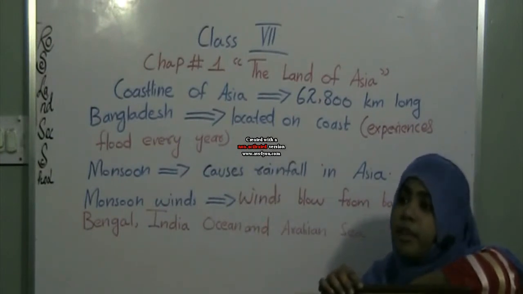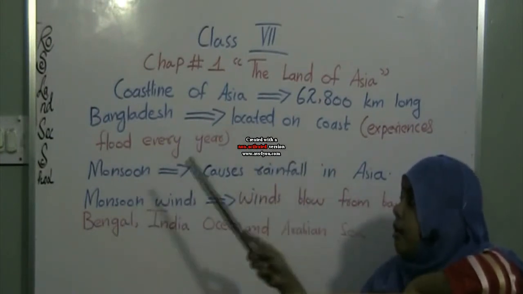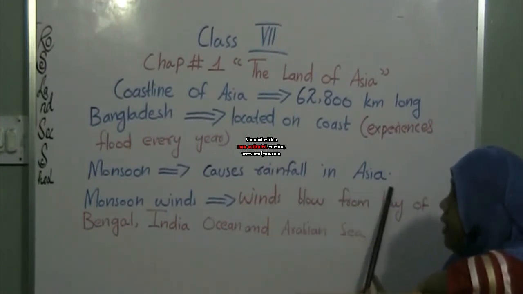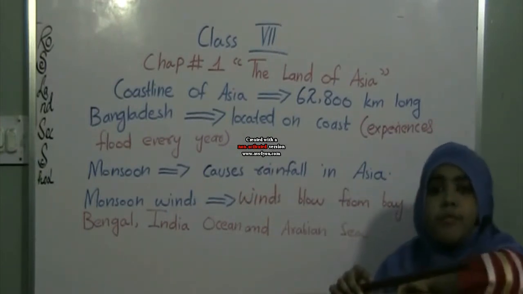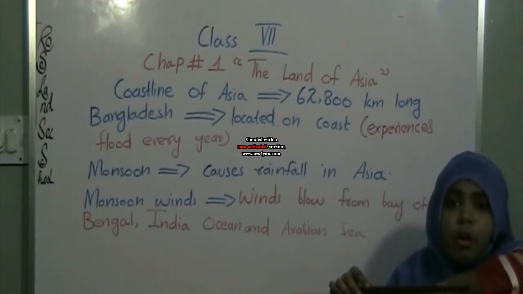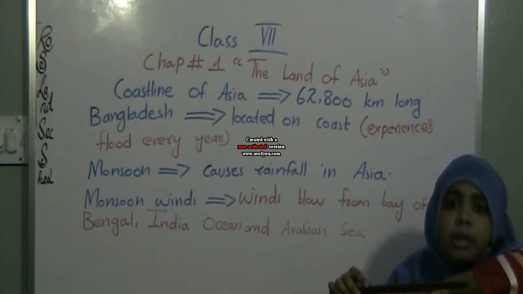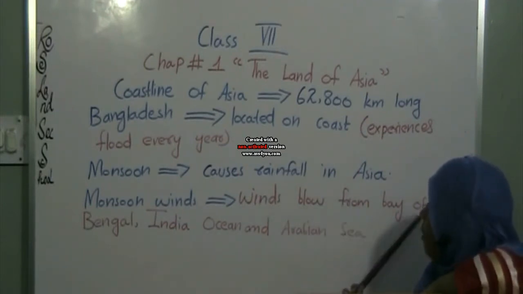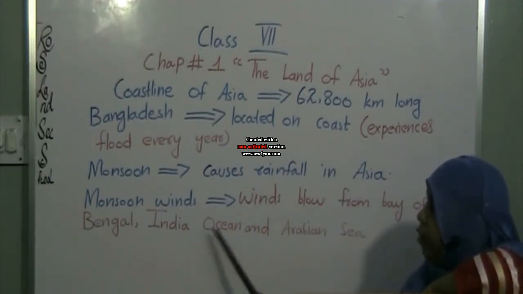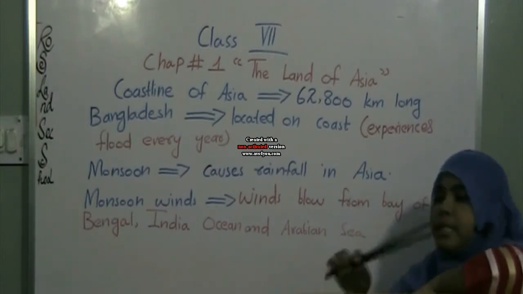And the next thing we have, class, is monsoon, which causes rainfall in Asia. What is meant by monsoon winds? Monsoons are basically periodical winds which blow from the Bay of Bengal, Indian Ocean and Arabian Sea.